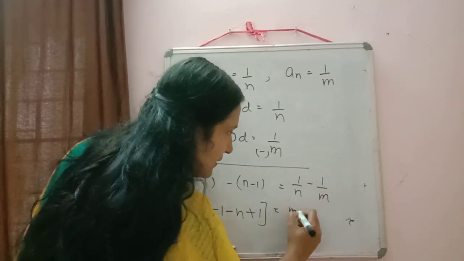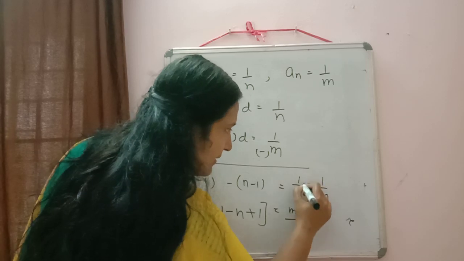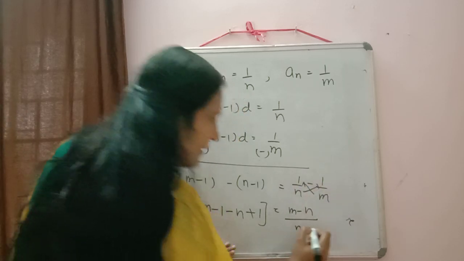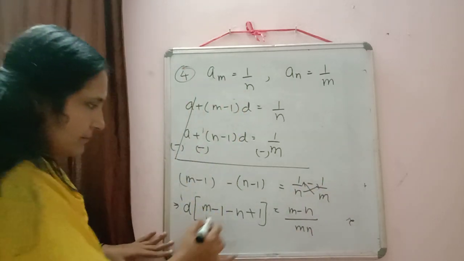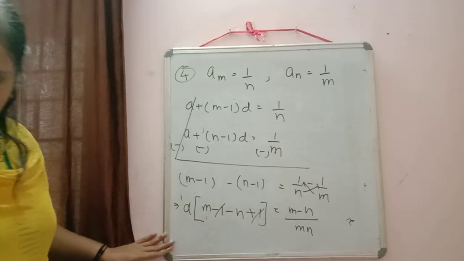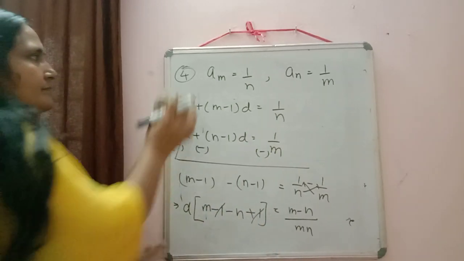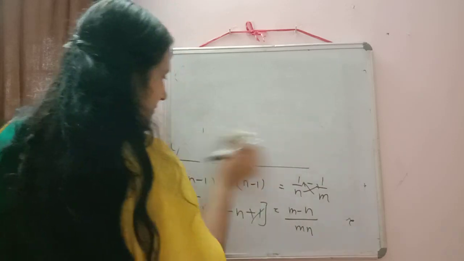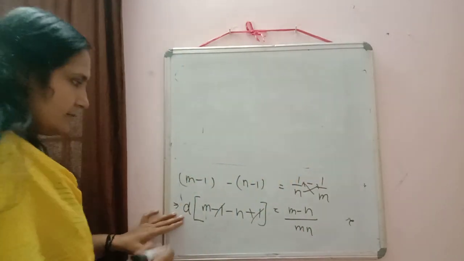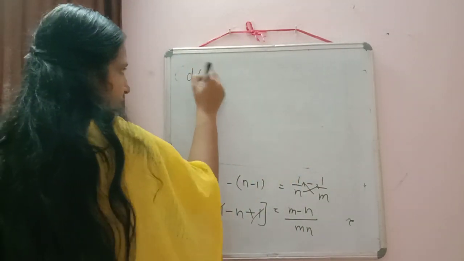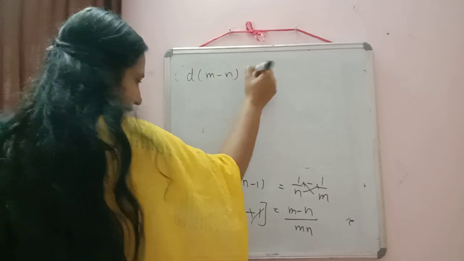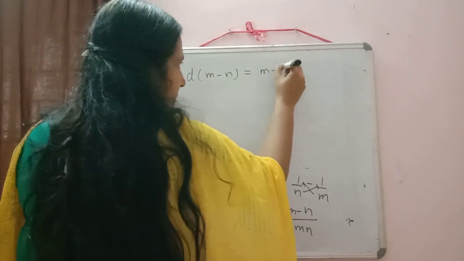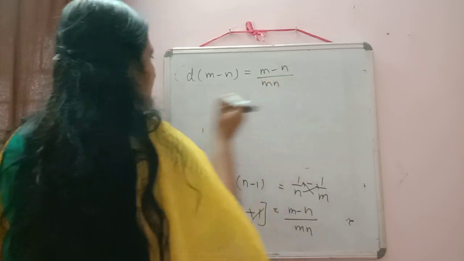So it will be equal to m minus n by mn. Here minus 1 and plus 1 will get cancel. So we are getting d into (m minus n) is equal to (m minus n) by mn.